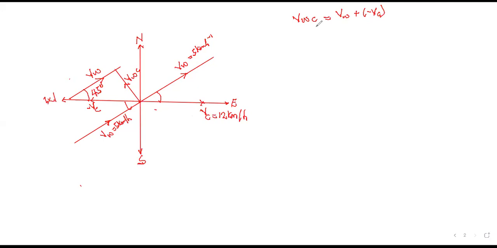Dear Godfrey, you are not following. We are looking for the relative velocity of the wind with respect to the cyclist, and this is V of W plus negative V of C. This is the reason why we are negating the velocity of the cyclist, because we are looking for the relative velocity of the wind with respect to the cyclist.